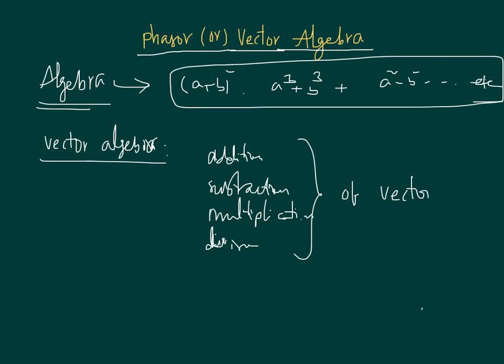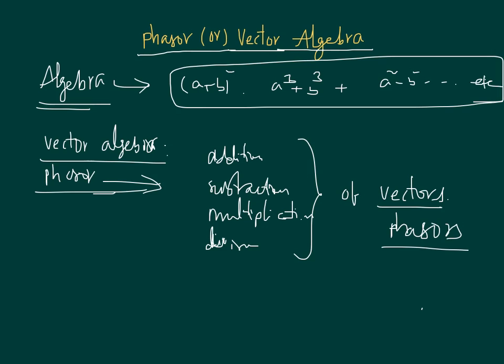This is simply vector algebra. And Phasor algebra means the same addition, subtraction, multiplication and division of phasors. Okay.